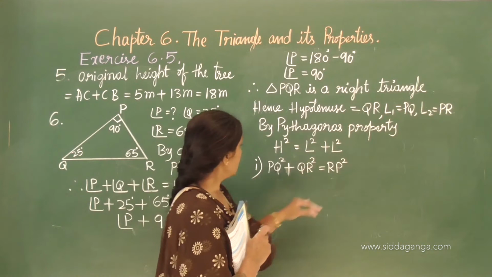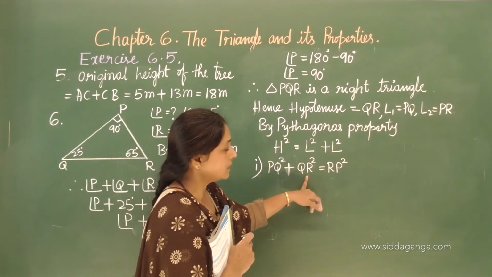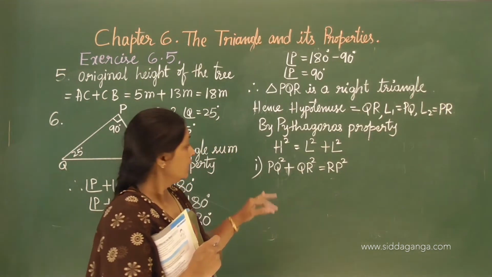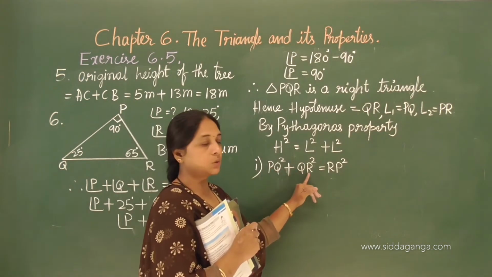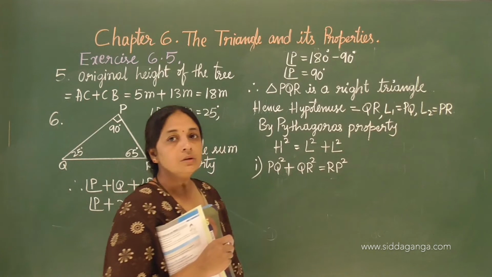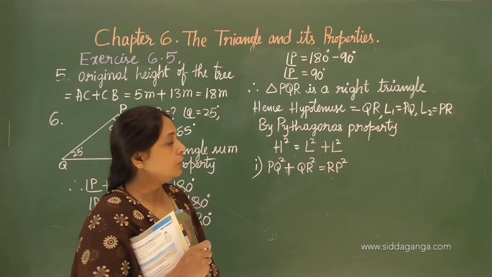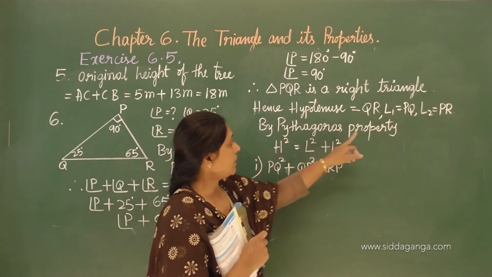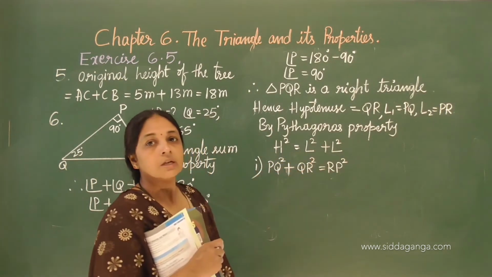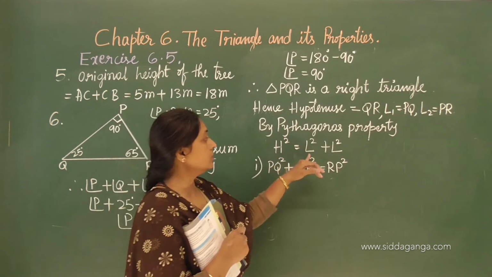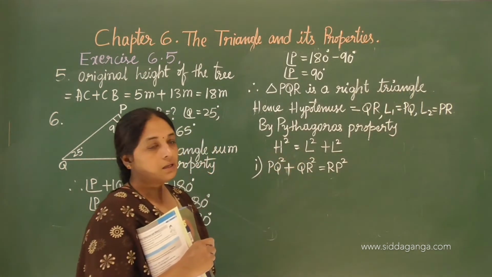That is QR. Is it possible? No. We have one leg square plus h square equal to leg square. By the Pythagoras property, the square on the hypotenuse is equal to the sum of the squares on the legs.